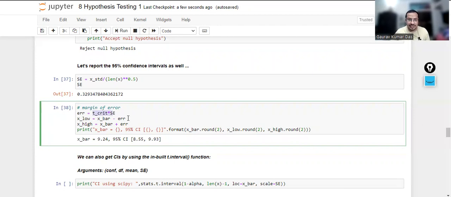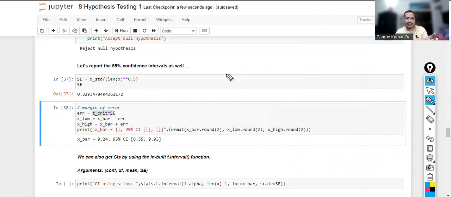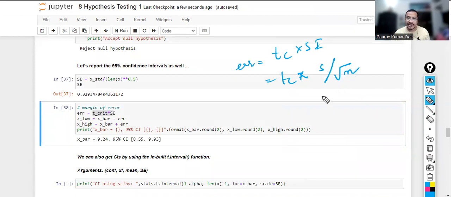Okay. So basically how it works is very simple. The low and the high, right? Okay, the interval, right? Low interval and the high interval. So first we calculate the error term, which is T critical into SE. My SE is nothing but sample standard deviation divided by root over n.